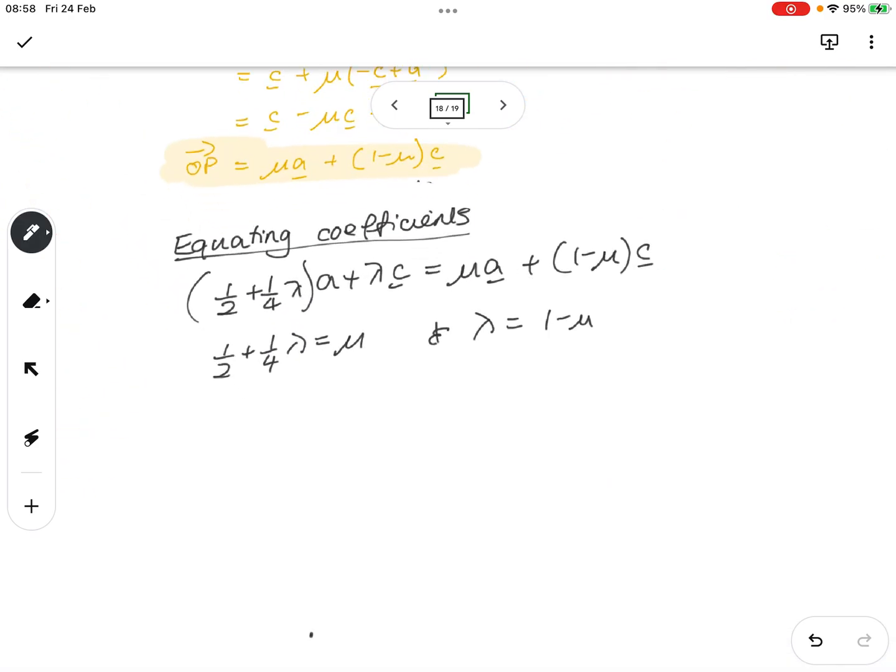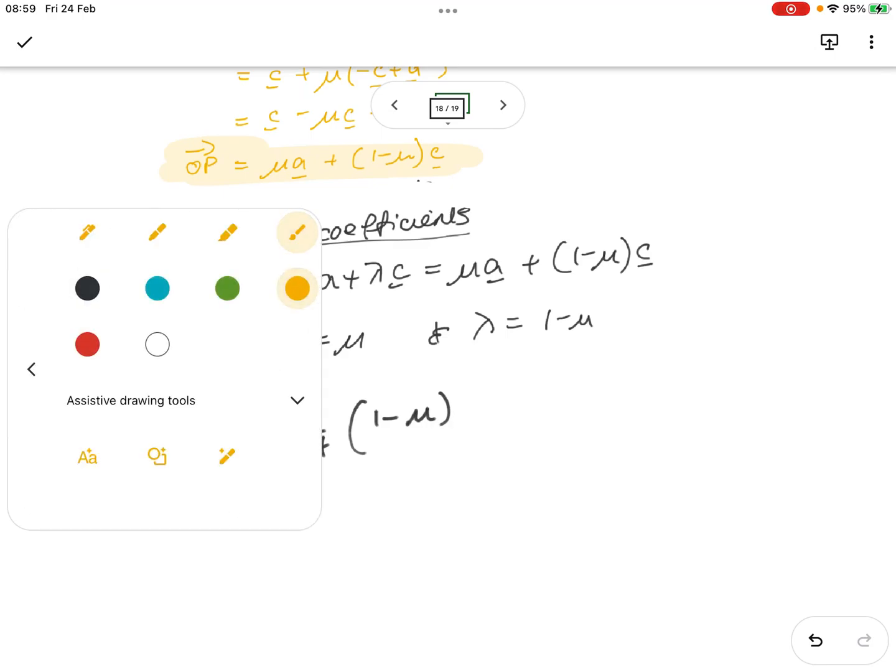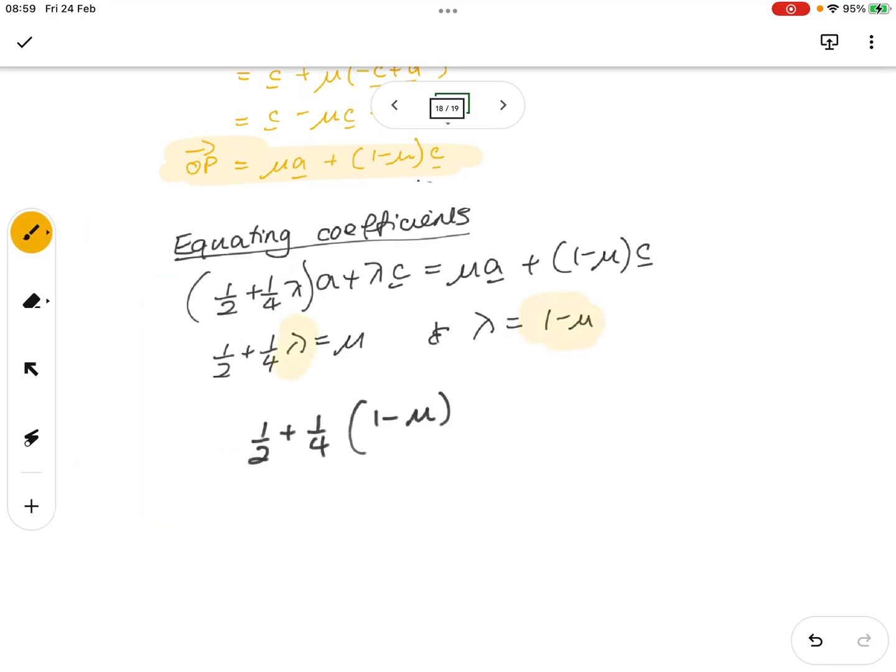Right, so if I rearrange it, I can make it look like simultaneous equations, or I could just sub in. Maybe I'll just sub in. So I've got a half plus a quarter lots of 1 minus mu, because I'm going to sub lambda into there, equals mu. Multiply that out: half plus 1/4 minus 1/4 mu equals mu.